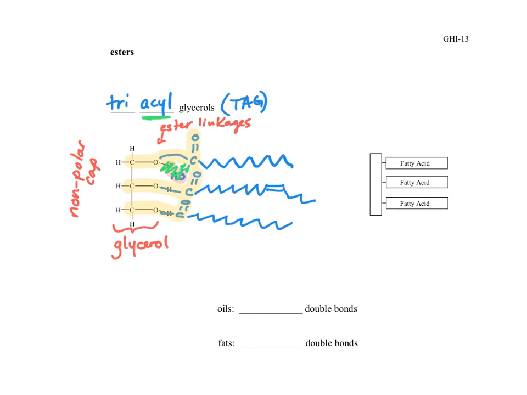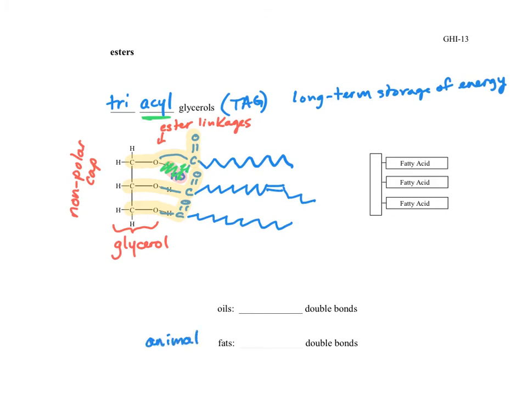Okay, we've got a couple of minutes to go. Let's point out that these triacylglycerols are the long-term storage of energy. And what that means is it's going to be true in animals like us or like cows and pigs, that we have animal fats.